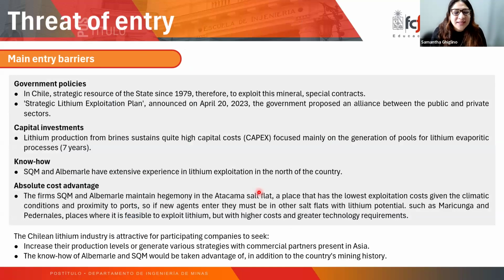The threat of entry is really similar to other mining industries. There are a lot of government, environmental, and social policies that you have to comply with. Capital investments are significant, and the know-how is also limited to a small number of companies. So we don't think that this is a high risk, either in the short run or in the long run.